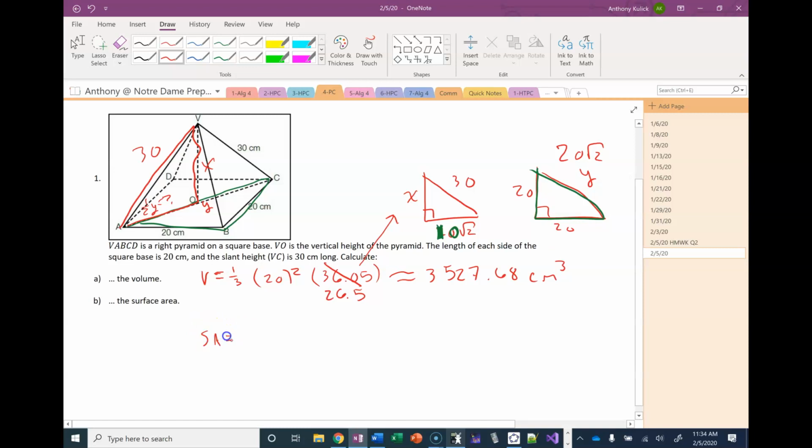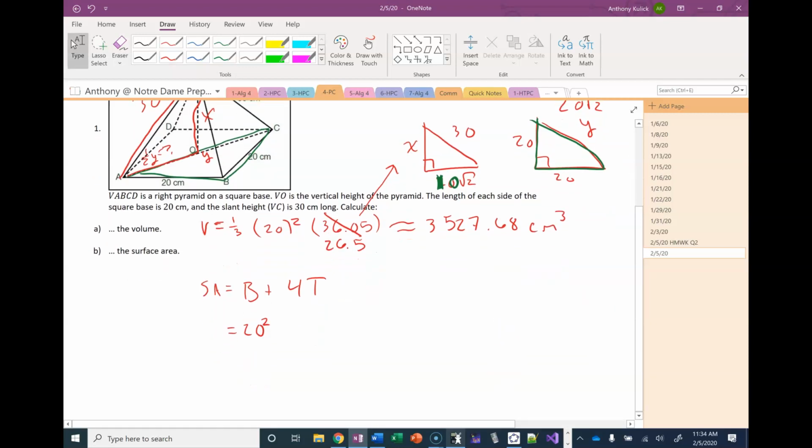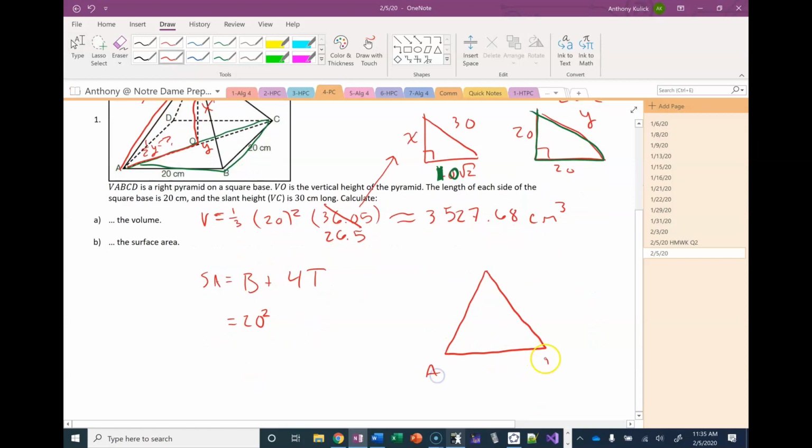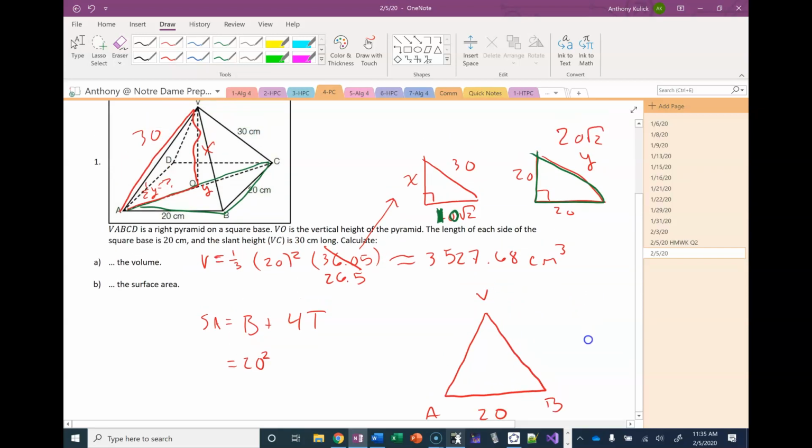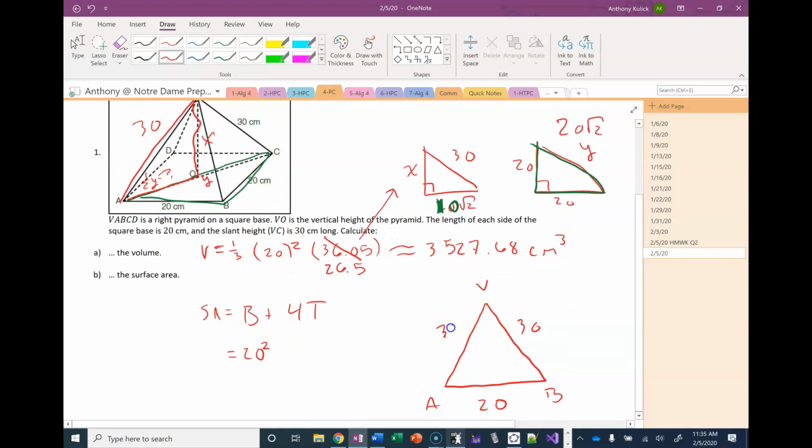So the surface area is going to be the base plus 4 times the triangular side, or the triangular faces. Okay with that? So the area of the base is easy. That's 20 squared, right? Okay. The triangular face then, if we kind of draw that, this is ABV, for example. So we know this side is 20, and we know that these edges are each 30.